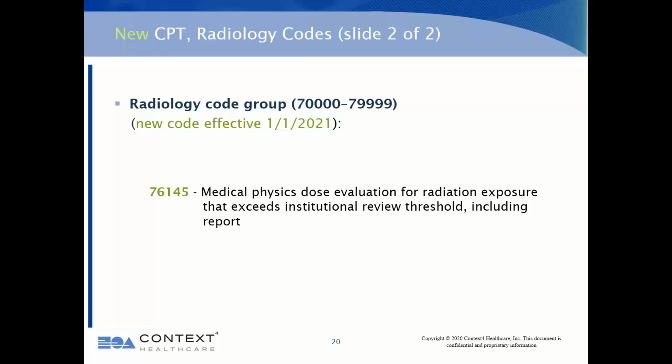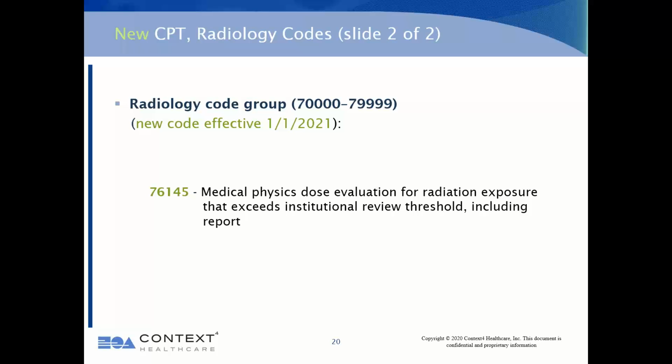New CPT code 76145 is added for use in reporting the qualified medical physicist's work in performing a patient-specific peak organ dose calculation subsequent to an interventional radiology or interventional cardiology procedure that exceeds the facility's established radiation threshold.